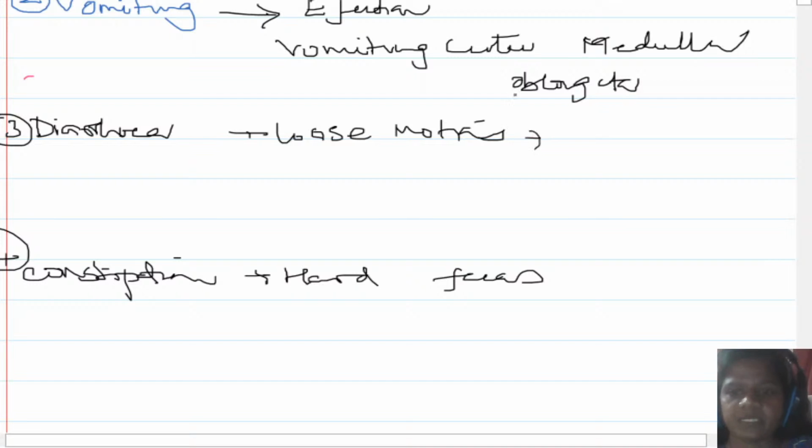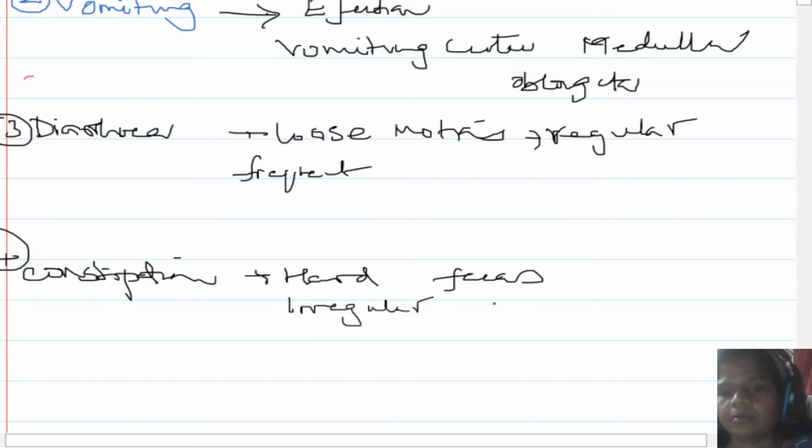These are because of regular, more frequent bowel movement. This is irregular bowel movement. In diarrhea, a lot of absorption doesn't take place because of the frequent movement of the bowel. You all know what diarrhea and constipation mean.